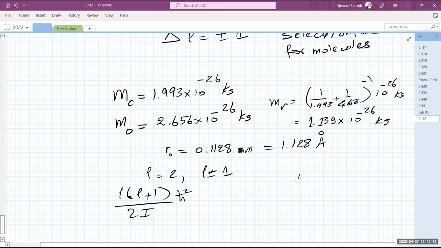And you need to find I, that's all, which is 1/2 of MR, which is this number, times I naught squared, which is this number, 1.128 times 10 to the negative 10 meters. So when you square it, it's going to be 10 to the negative 20 meters squared.